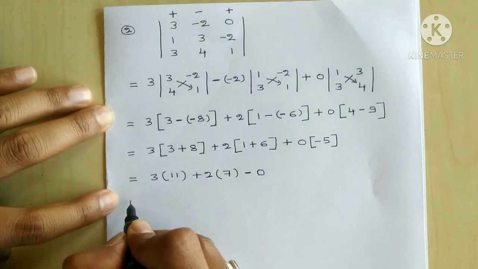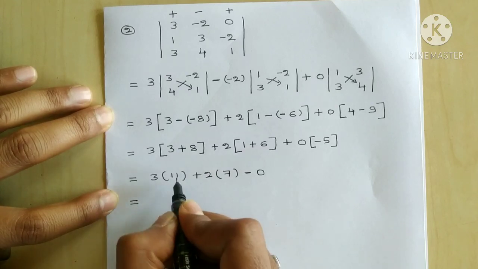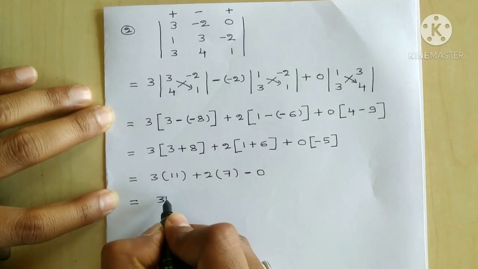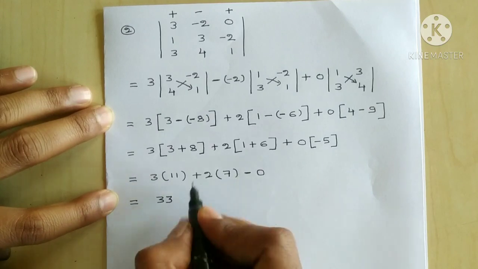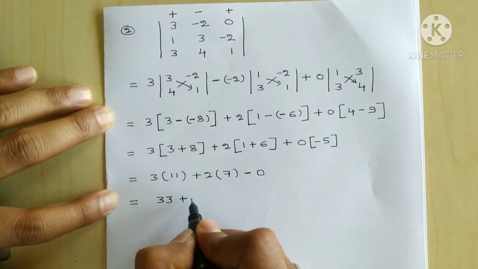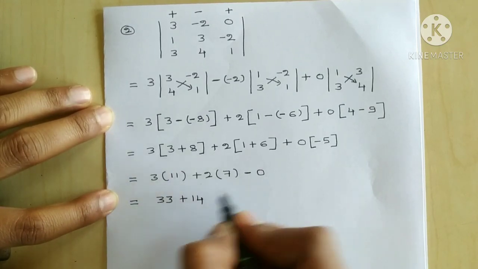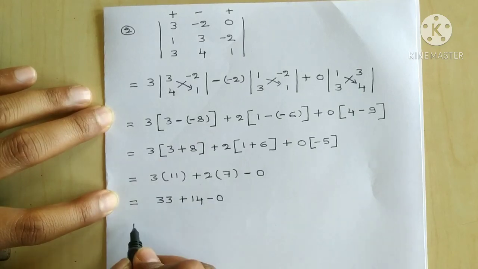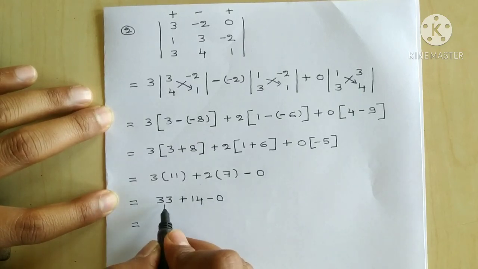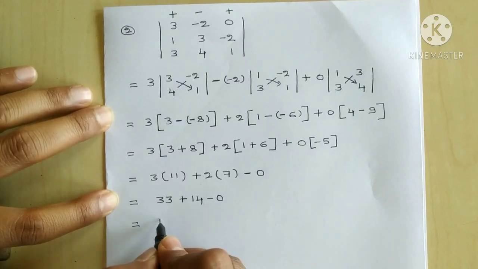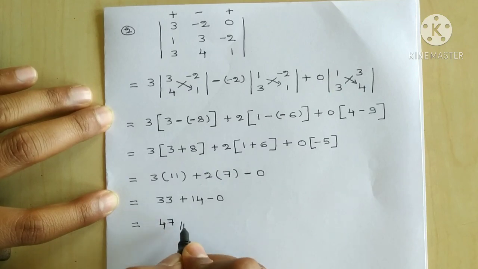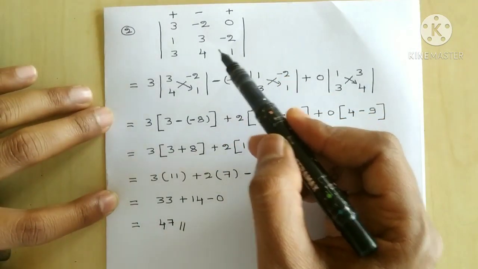So which is equals to, multiply, 3 into 11 is 33 plus 7 into 2 is 14. Next, minus 0, I am going to keep it as it is. Finally, add 33 plus 14 is 47. So this is the value of this determinant.